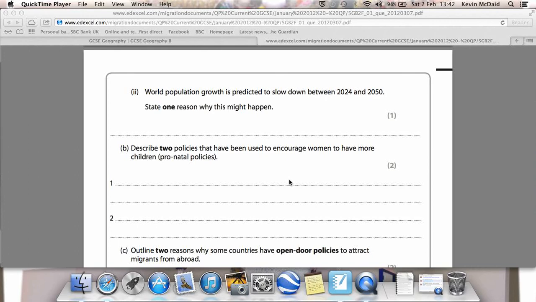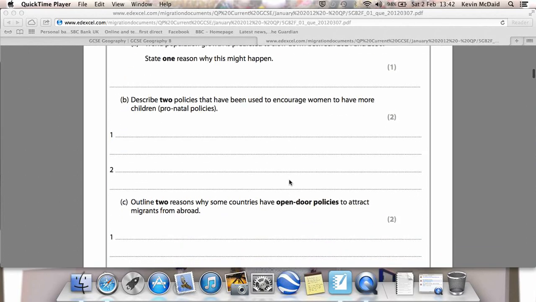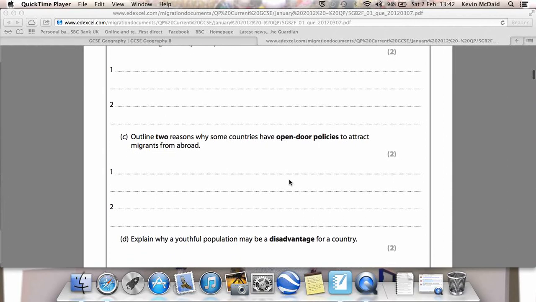It's kind of the same as in China, except with Japan being a democracy, they're not really forcing it on them. Okay, so go back through your research, have a look again at the BBC website, do a little bit of research, see if you can find out some more about pro-natal policies, because we only looked at 1 example in lessons.